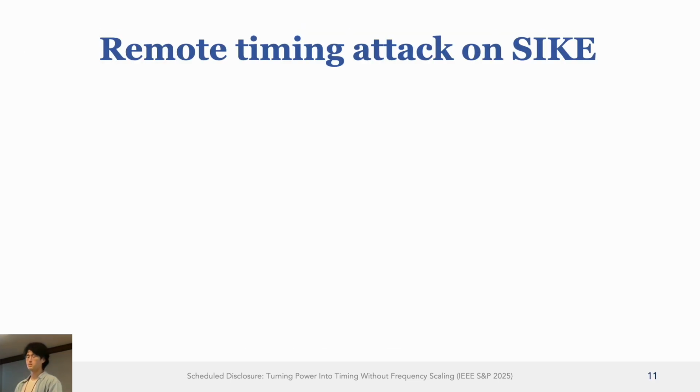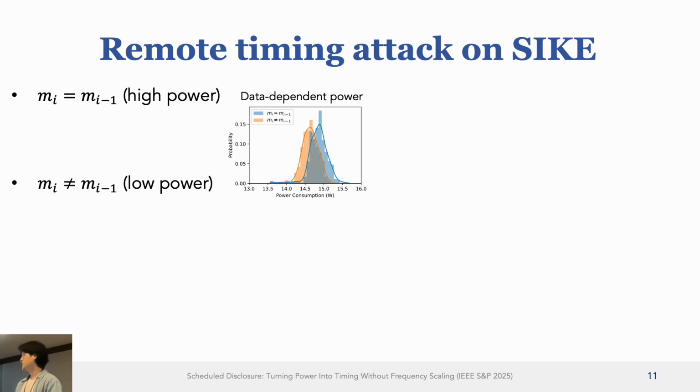Now that we know the power-dependent system behavior, let's talk about its security implications. We target Cloudflare's cryptographic implementation of SIKE written in constant time code. And prior work has shown that each bit of the secret key can be inferred by measuring the power consumption while decapsulating a specially crafted ciphertext.